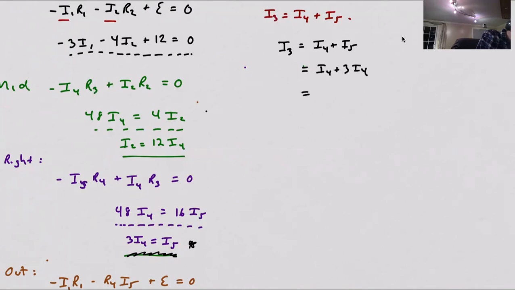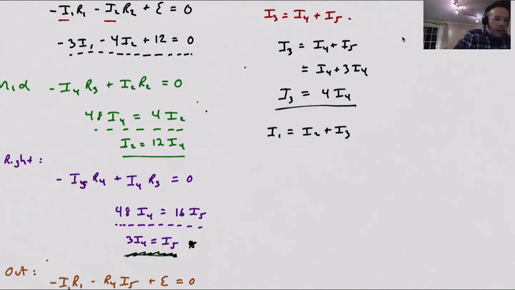And another way of saying that is that I3 is just 4 I4s. Okay? Now, if I3 is 4 I4s, we also know that I1 was equal to I2 plus I3, our other junction equation. But now, this is I2, but I3 is 4 I4s.